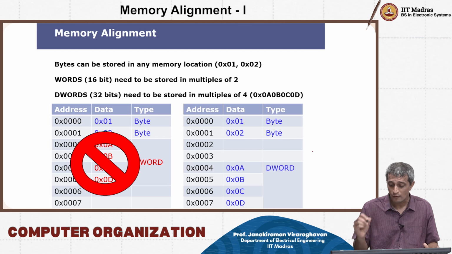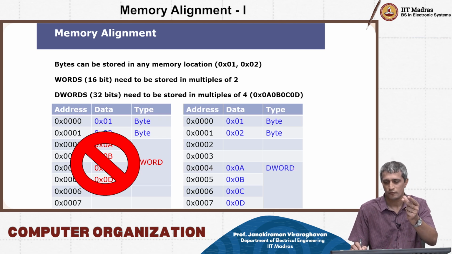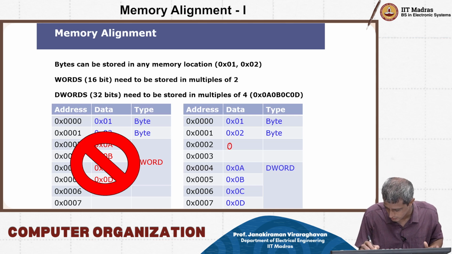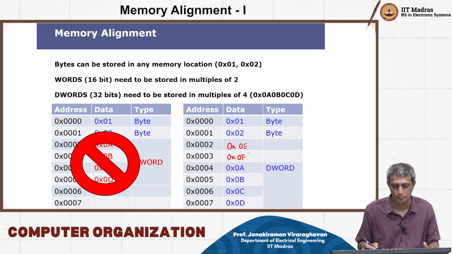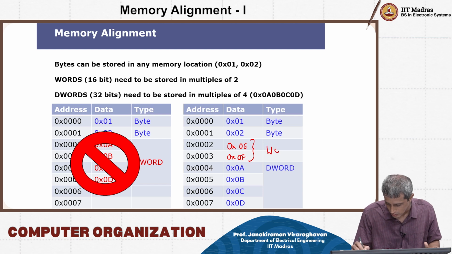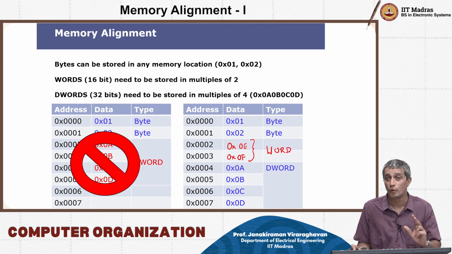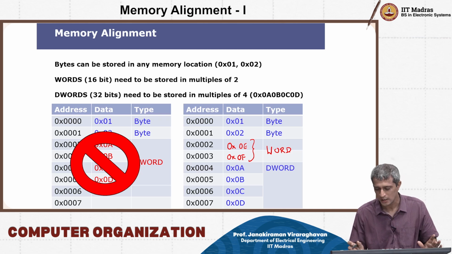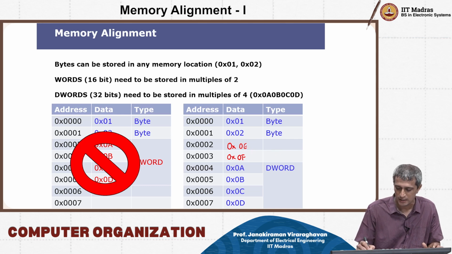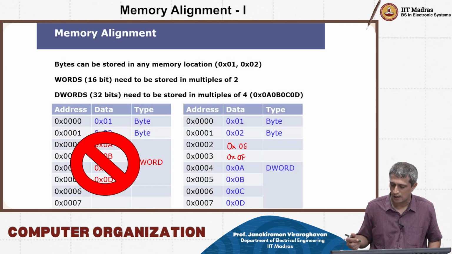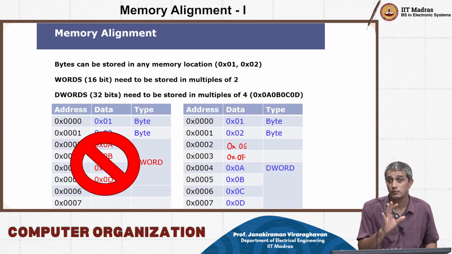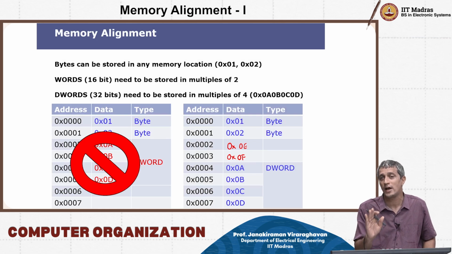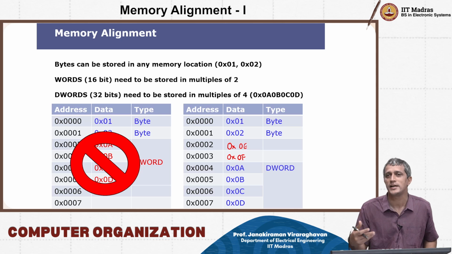However, if you want to store a word of data, let's say 0x0e 0x0f, then this is permitted because a word can start in multiples of 2. Bytes go in multiples of 1, and D words have to go in multiples of 4. So this is the concept of memory alignment that we need to be aware of. When you take this to a compiler, some funny things can happen, and you need to understand it to appreciate why it is being done that way.